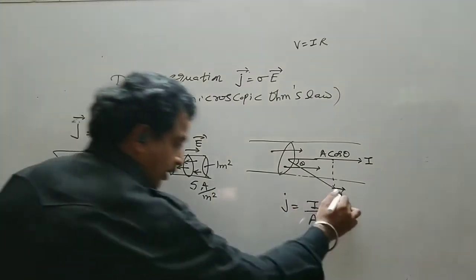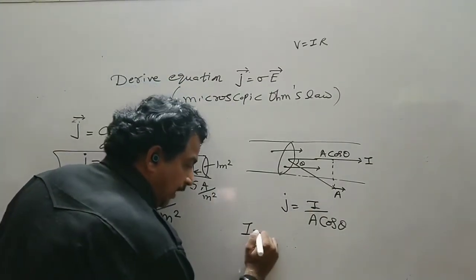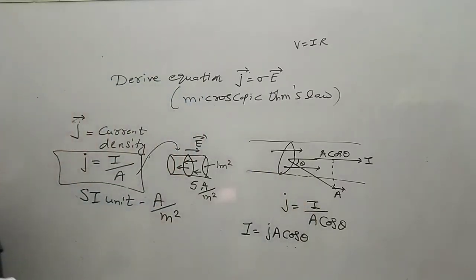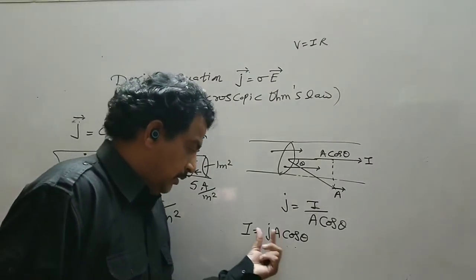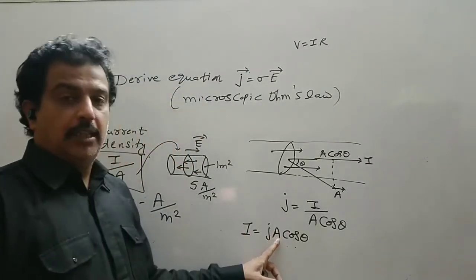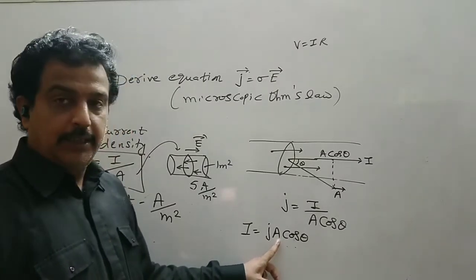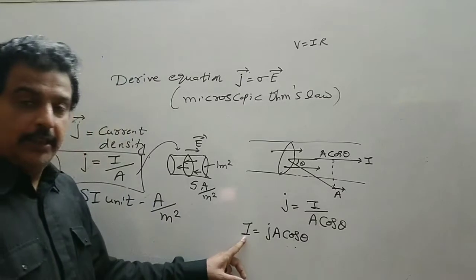Now this equation can be written as I is equal to JA cos theta. Now area is a vector quantity. I is a scalar quantity.